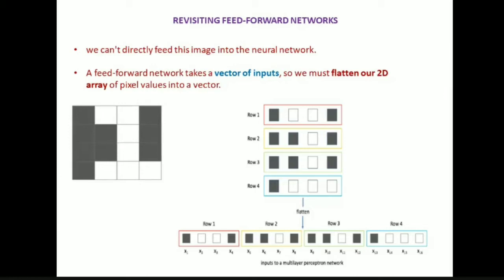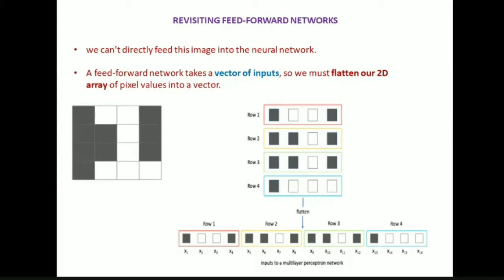In order to represent this complete image, you see the image here. So in order to represent this image, the feed forward neural network must take it in the form of a vector. On the right side, this is row 1, row 2, row 3 and row 4. Now this complete image is flattened into the vector representation.